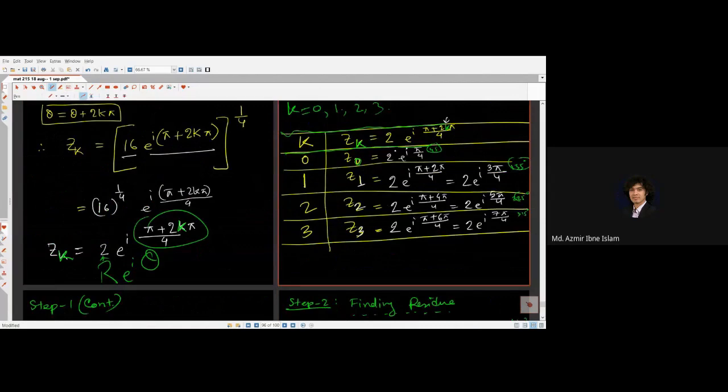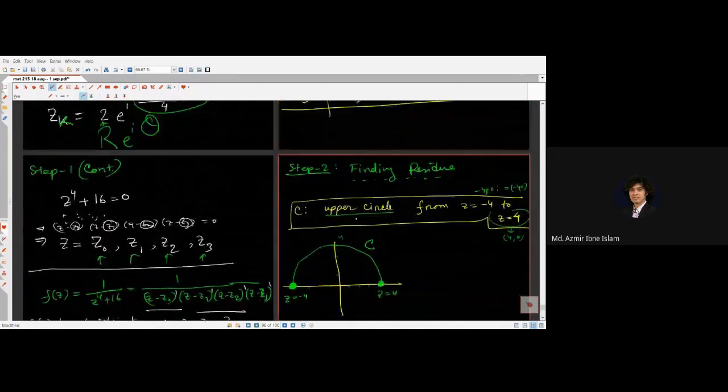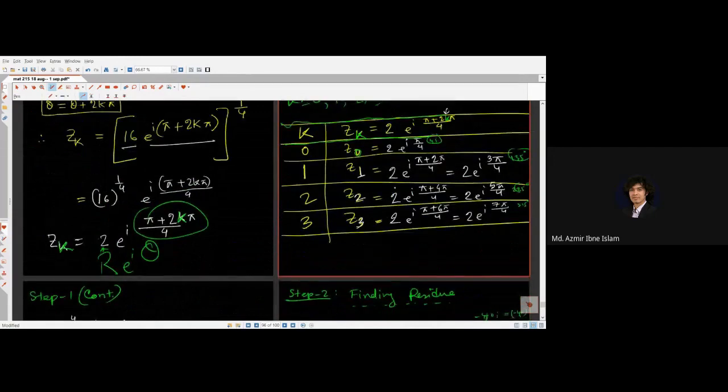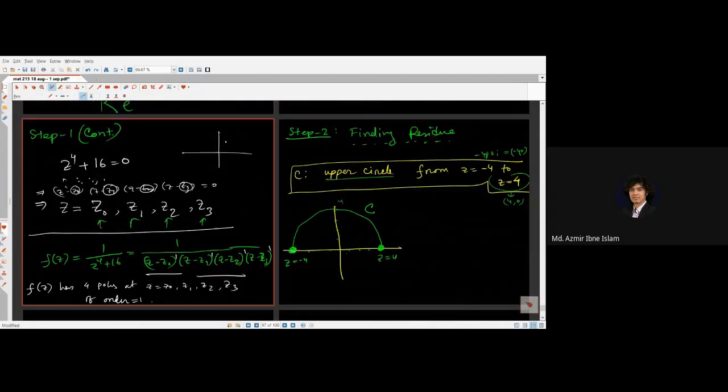Now, you can see that we have all the poles. Now we have to check which pole is inside the circle. Since we have the radius 2, so it is radius 4. Every root of an equation will lie on the circumference of a circle.